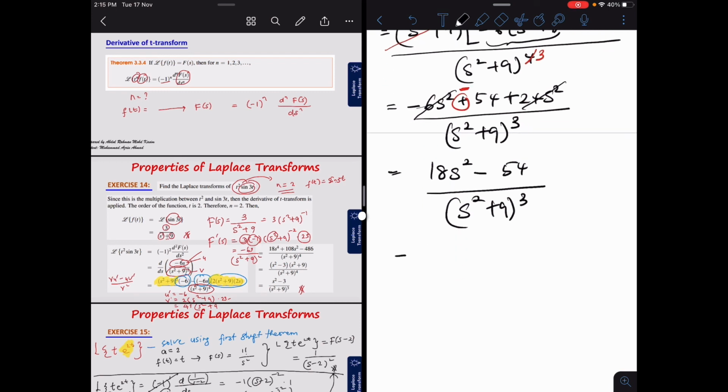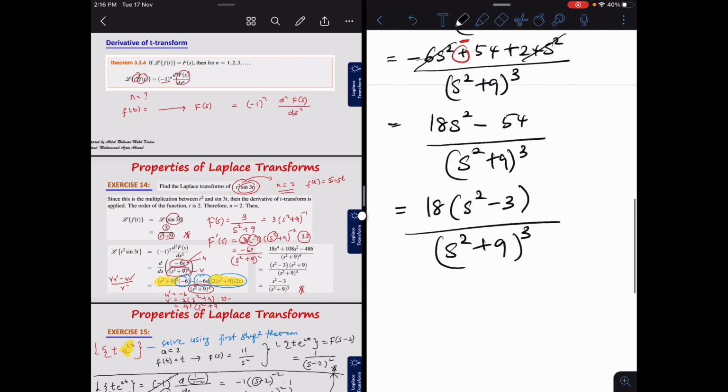Okay, so now if you want to factorize 18, you will have s squared minus 3, and then we have s squared plus 9 power of 3 over here. So this is the answer.